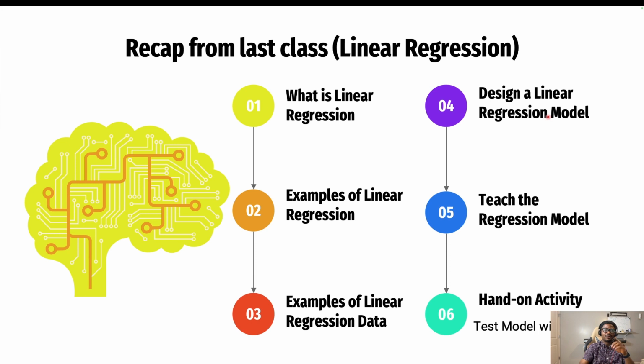And it was really cool. We taught the model using our data and we were able to test our model with some values. That's really good. So today's class is going to be building on that, because we want to enhance our capability of using linear regression to be able to use multiple linear regression. And again, I will explain what that means in a second.